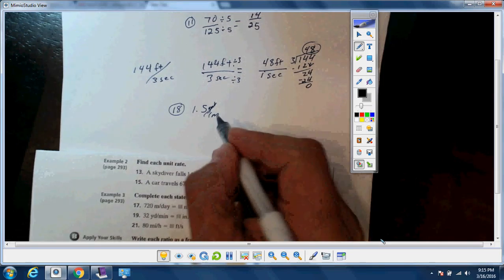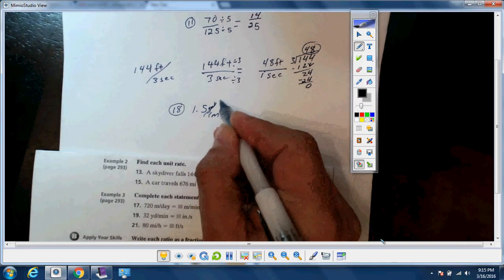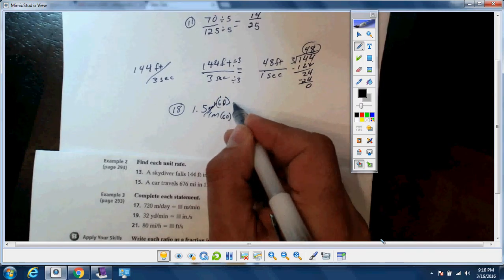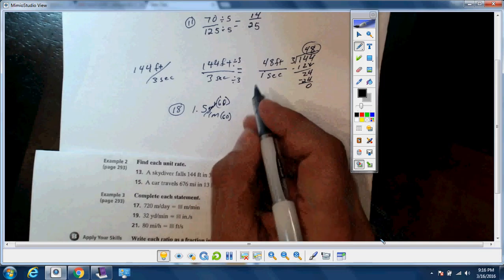Well, there's 60 minutes in an hour. So to make this 1 hour, I have to multiply this by 60, and I have to multiply this by 60, because if I do it to the bottom, I have to do it to the top.